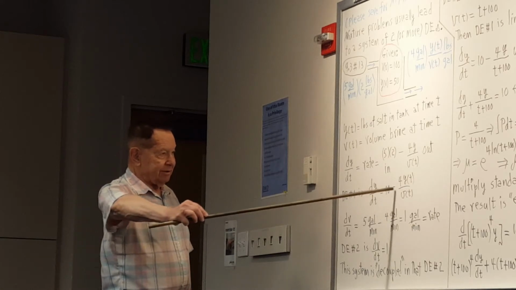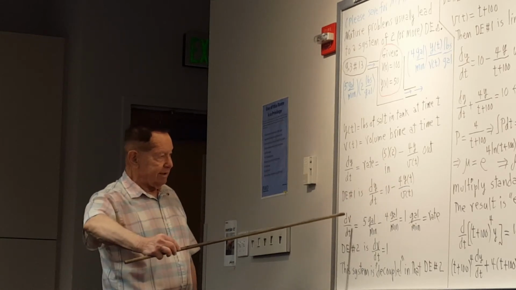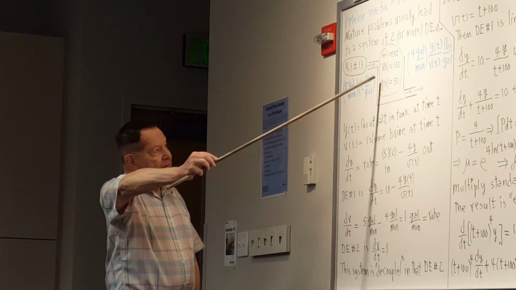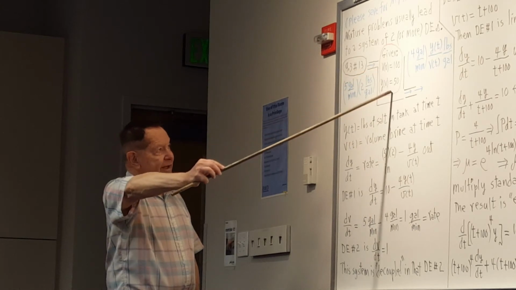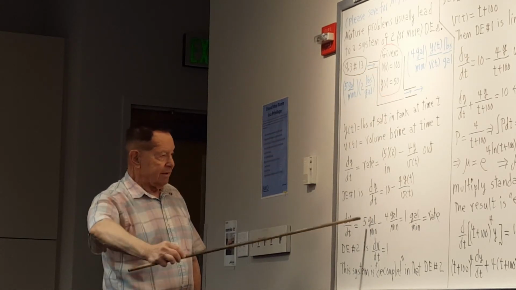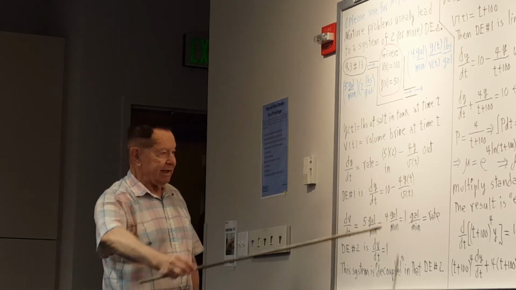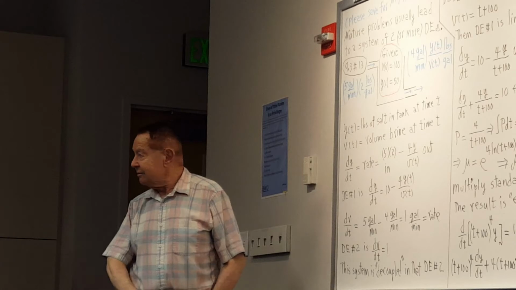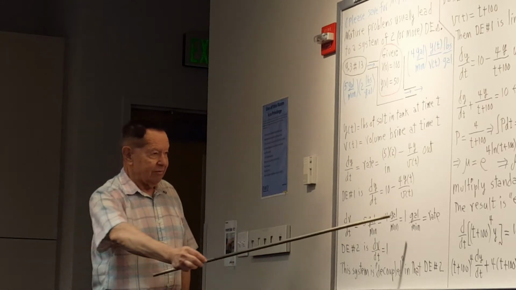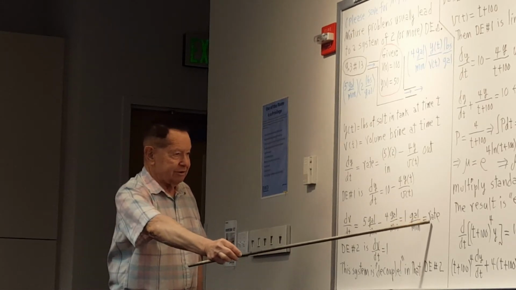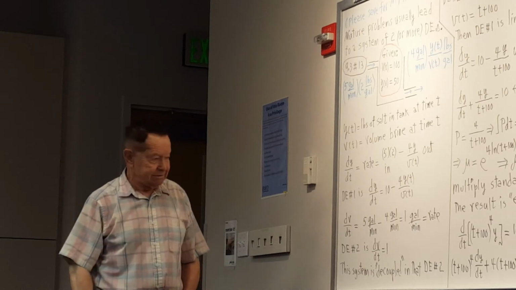So that gets you a differential equation. And then the second one occurs because you have a varying volume. You have 5 gallons per minute in and 4 gallons per minute out, so that becomes 1 gallon per minute.